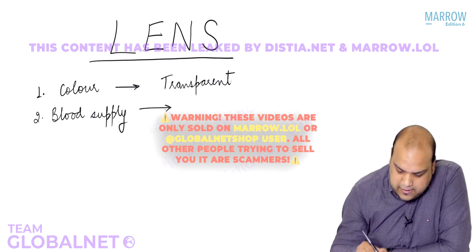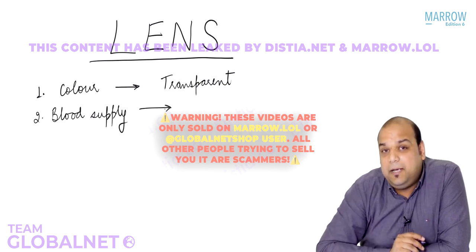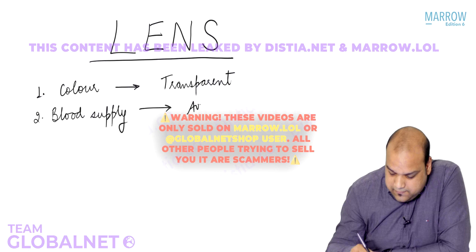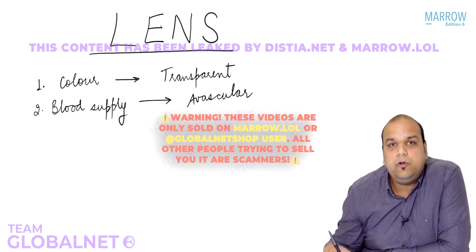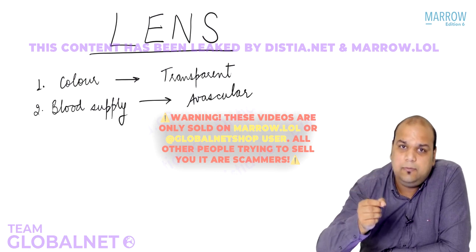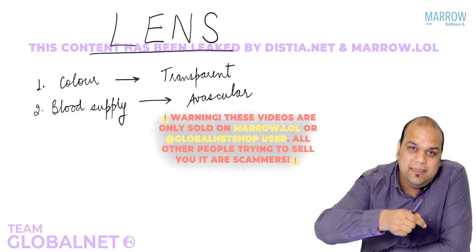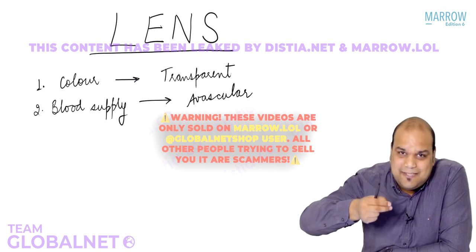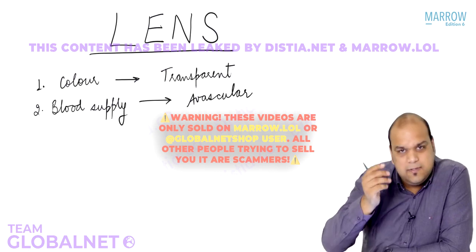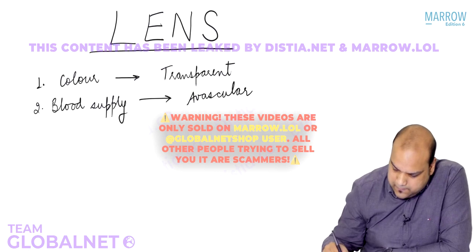What is the blood supply? The blood supply will be avascular. As I have pointed out before, guys, in cornea also, that cornea is transparent and thus it needs to be avascular. Similarly, lens is transparent and that is why it needs to be avascular. Yes? So, simple correlation, guys.